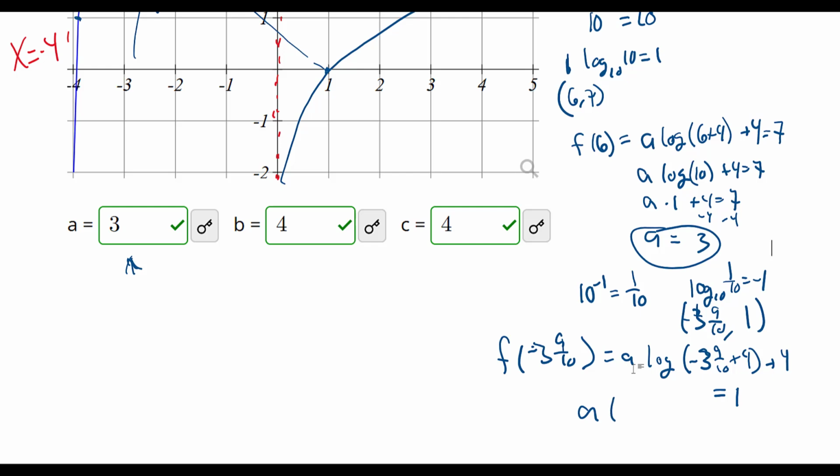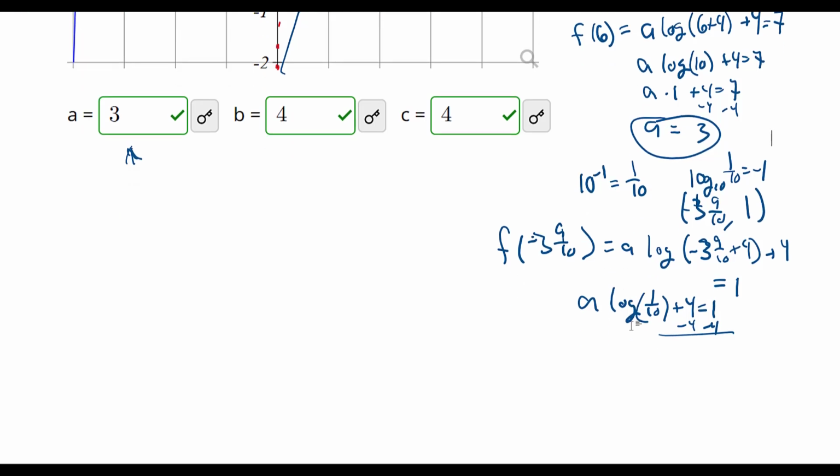So a times log of 1/10, plus 4 equals 1. So subtract the 4: a times log of 1/10 equals negative 3. 10 to what power is 1/10? Negative 1. So a equals negative 3 divided by negative 1. A equals 3. So that'd be another way to get there.